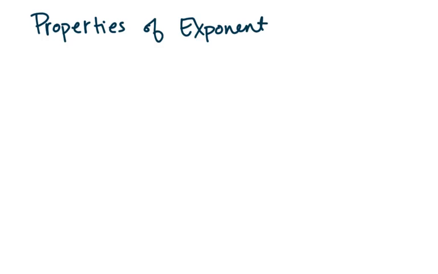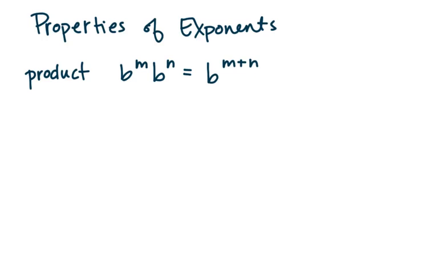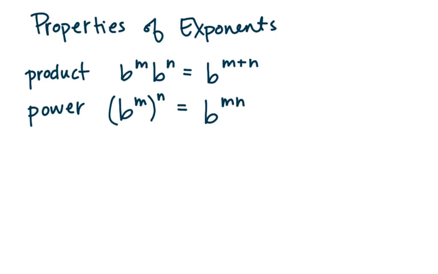So properties of exponents, we have a product property, which says if we are multiplying two bases, we can add the exponents. We have a power rule, which says if we have an exponential base to a power raised to another power, we would then multiply those powers.